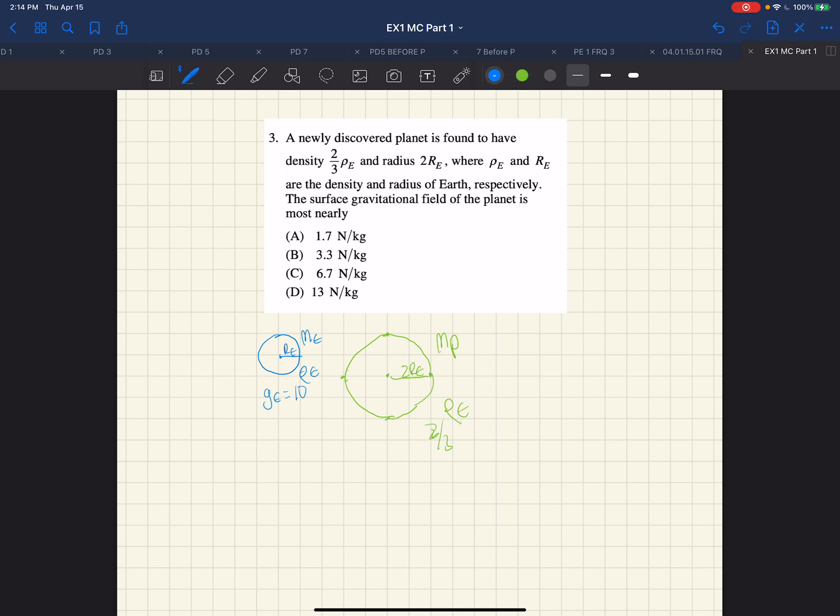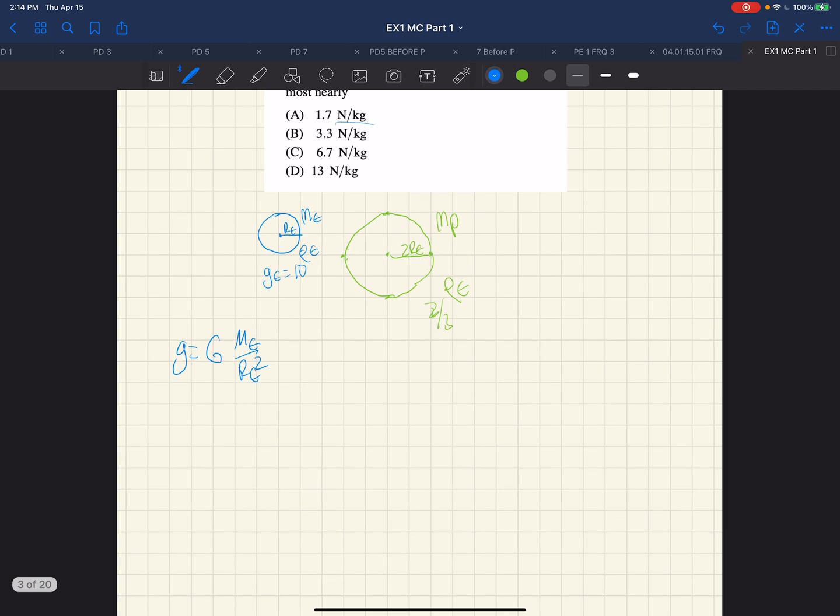The formula we're using, as we're looking for the gravitational field strength, is g equals big G, mass of the Earth over R of the Earth squared. Let's go over to the planet first.